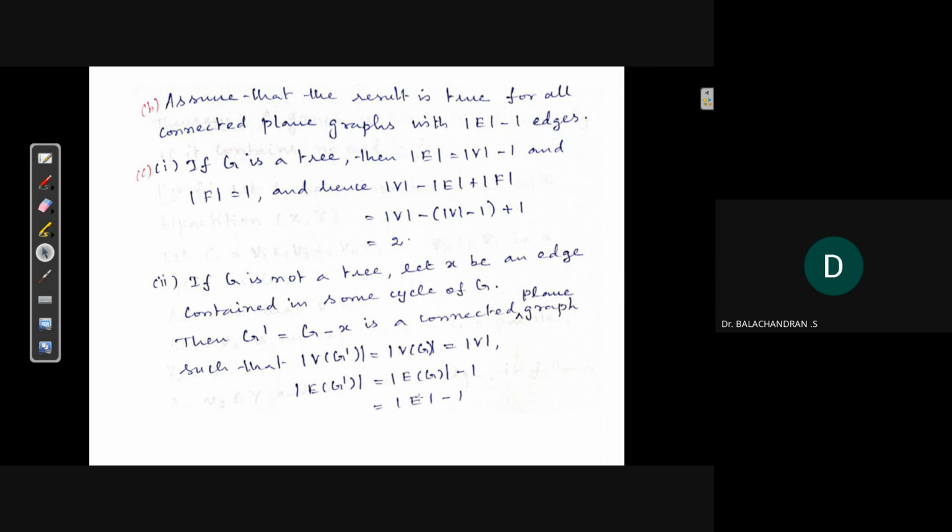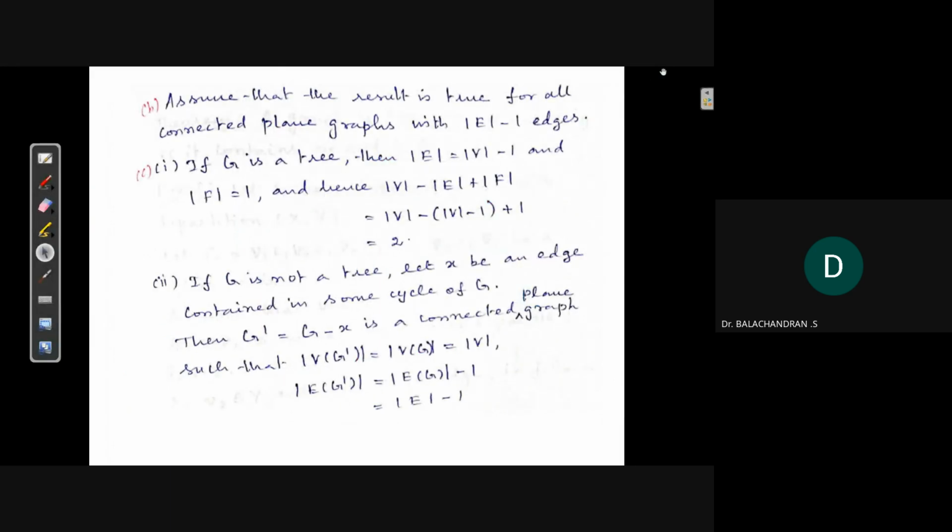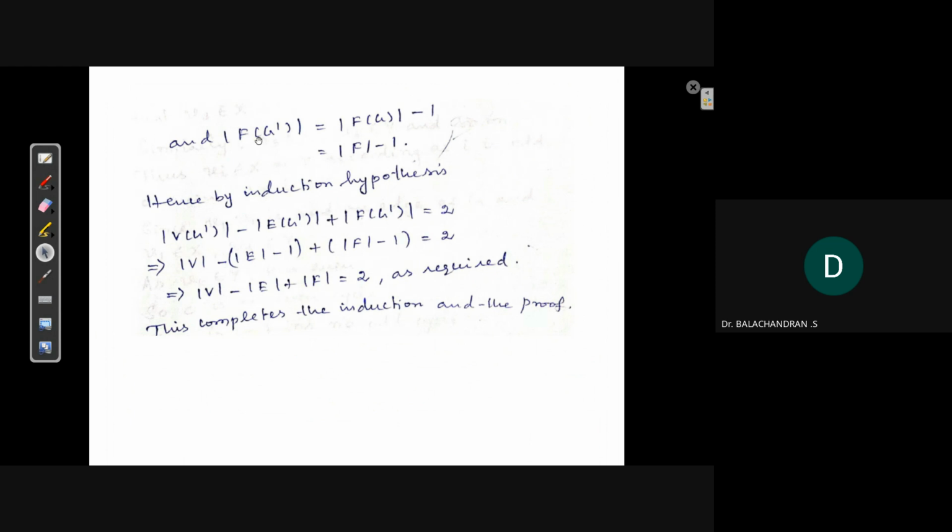Now I already told you about the number of faces in G. Suppose the number of faces in G is 3, here it is 2. If it is K, here it is K minus 1. So one face is reduced.